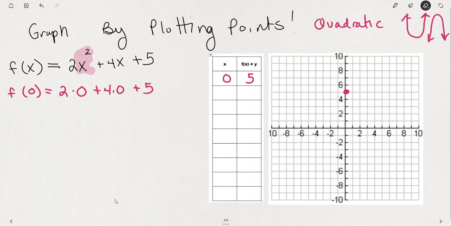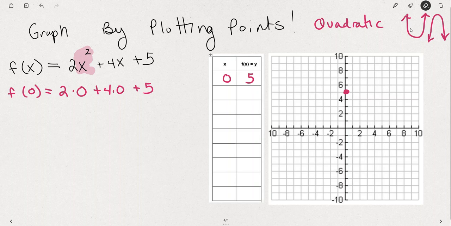But I want to say to you, if you feel like this is a challenge, if you have a little bit of algebra phobia in you, just use this point plotting method and it will work. It's just that you may need to fill the chart and keep going. Do enough until you really know for certain what the shape looks like and where the bottom point is.